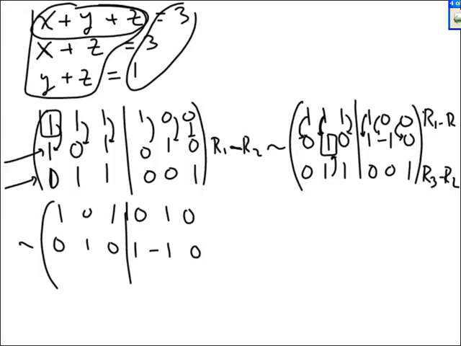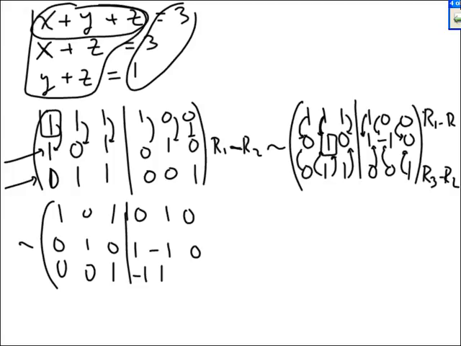Now row 3. New row 3 is row 3 minus row 2. 0 minus 0 is 0. 1 minus 1 is the 0 that we wanted. 1 minus 0 is 1. 0 minus 1 is negative 1. 0 minus a negative 1 is plus 1.